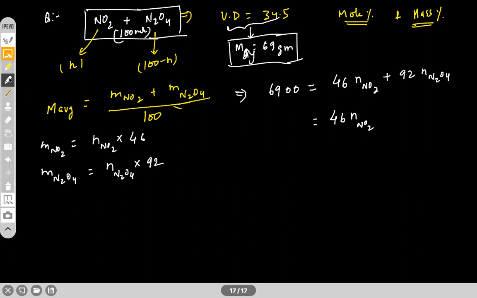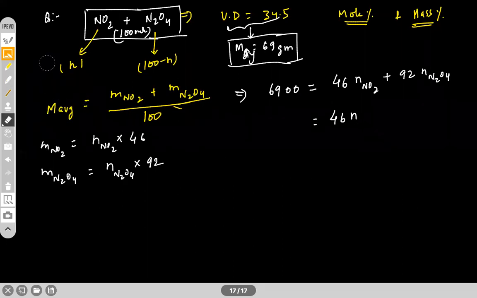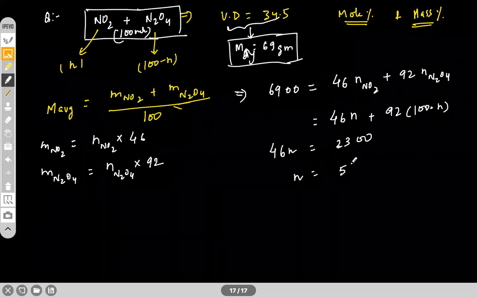I have taken it as N, so I'll write N only, plus 92 into 100 minus N. When you solve this, you'll get 46N is equal to 2300.